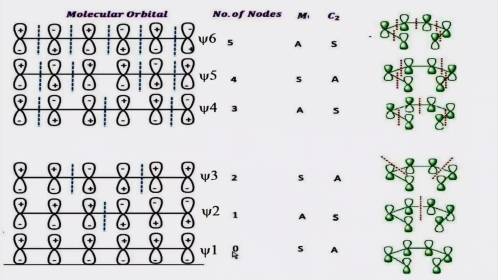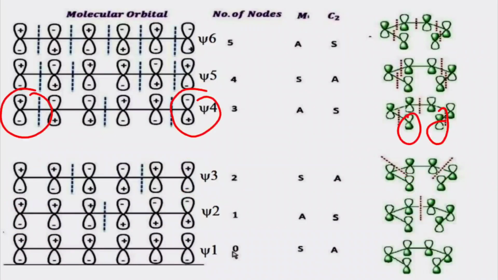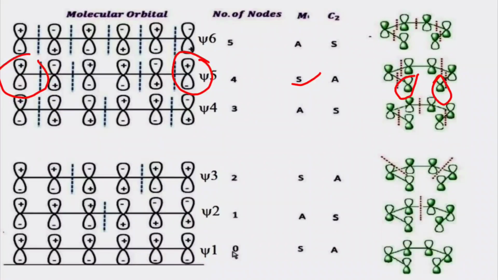Symmetric properties of hexatriene. Again, we are going to concentrate on these two orbitals, only these two orbitals. So with respect to mirror plane symmetry, this is symmetric. This one, the psi 2 orbital, is asymmetric, psi 3 is symmetric, psi 4 is asymmetric, psi 5 is symmetric, and psi 6 is asymmetric.